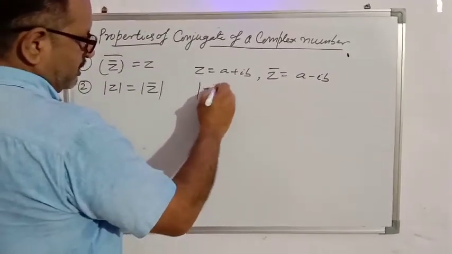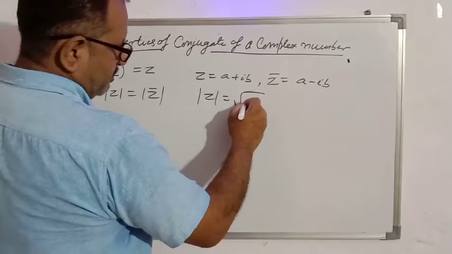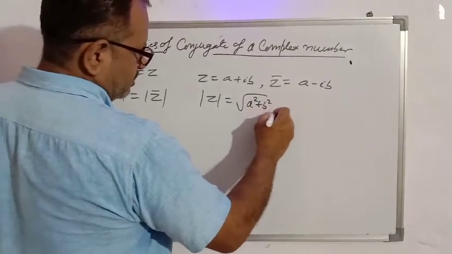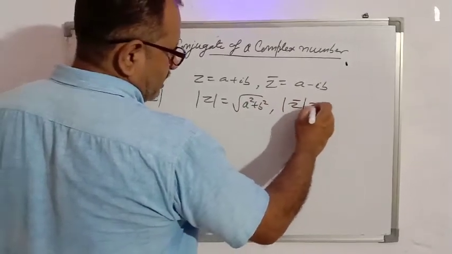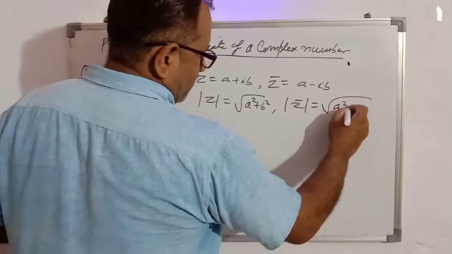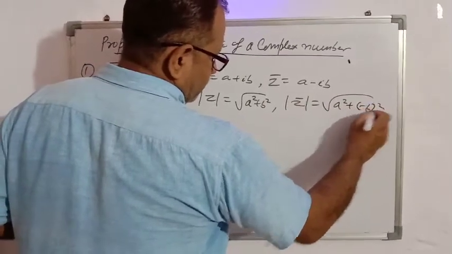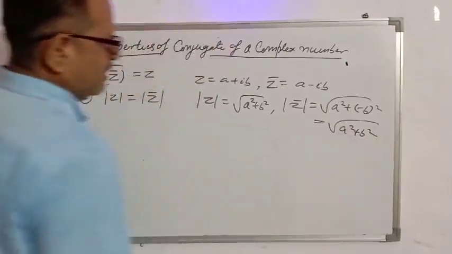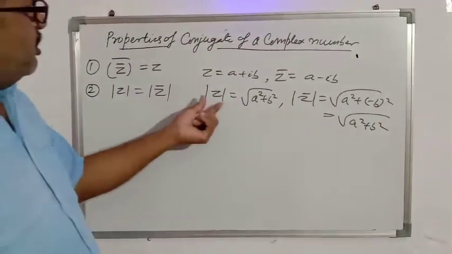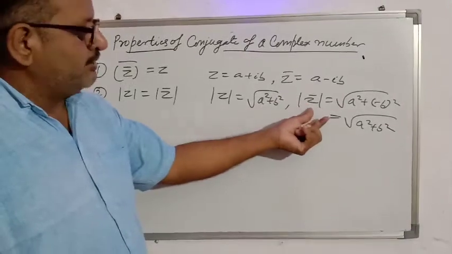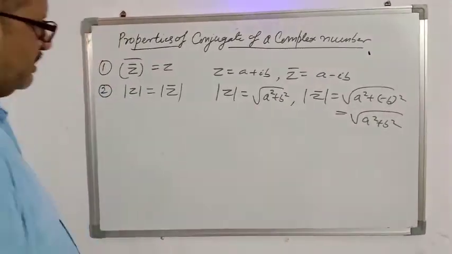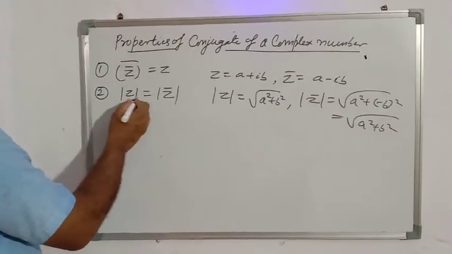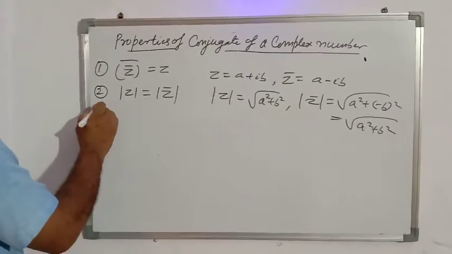When we take mod, mod of z will be under root a square plus b square, and mod of z bar will also be under root a square plus minus b whole square. So under root a square plus b square. So mod of z and mod of z bar both are equal. So second property, mod of z is equal to mod of z bar.